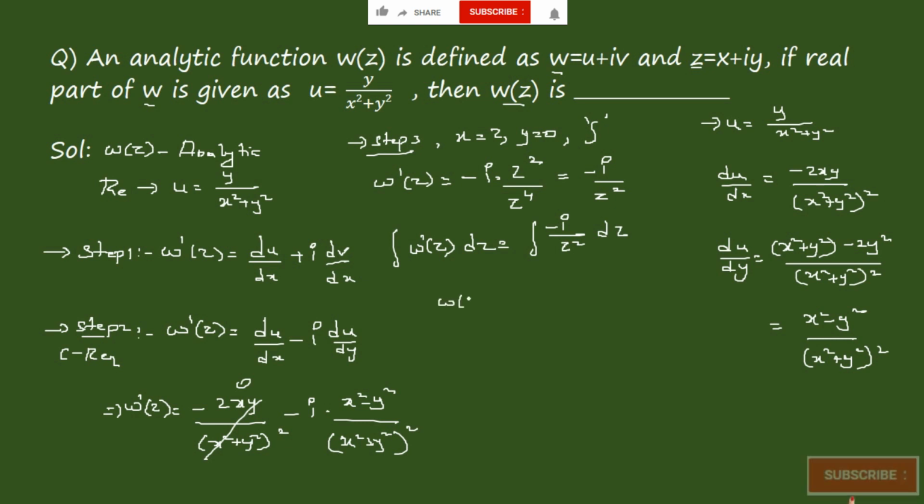So it becomes w of z is equal to, just do it, minus i into minus 1 by z, right? So which is equal to i by z. So we got w of z is nothing but i by z.